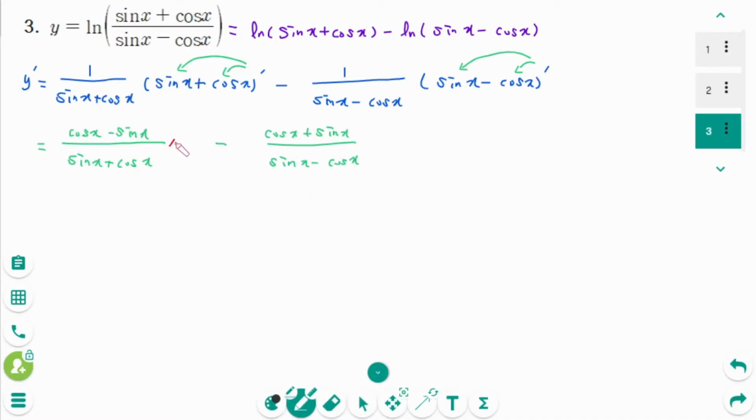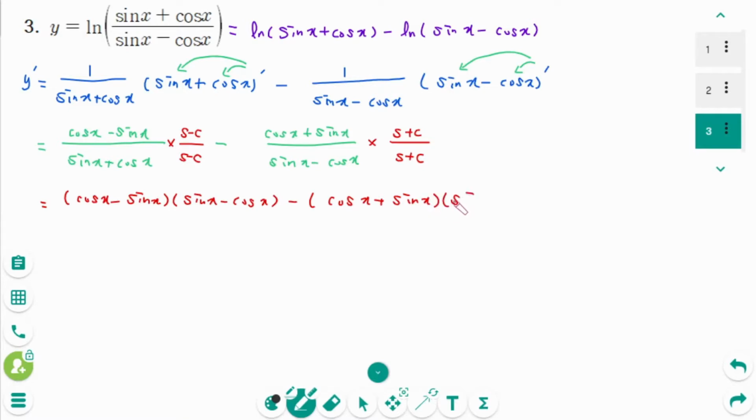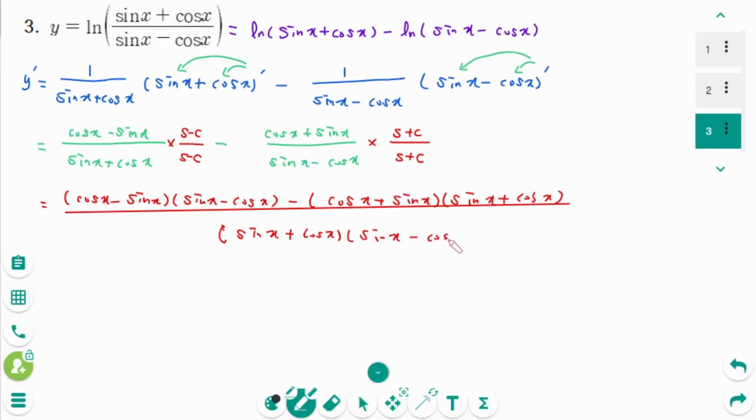Make a single fraction: times sine minus cosine over sine minus cosine, times sine plus cosine over sine plus cosine, equals cosine of x minus sine of x times sine of x minus cosine of x, minus cosine of x plus sine of x times sine of x plus cosine of x, over sine of x plus cosine of x times sine of x minus cosine of x.